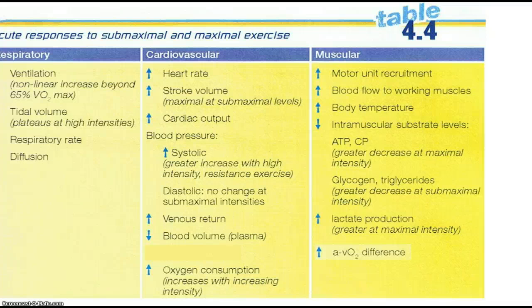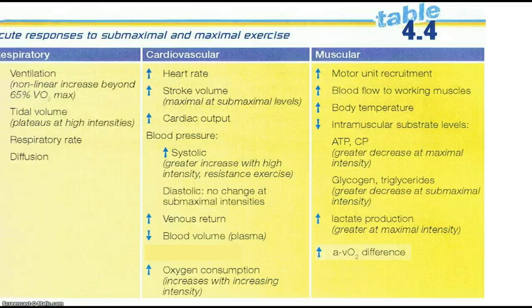This is another really good table that you'll be copying into your book, so we won't go over everything in there, but a really valuable revision tool. If you can remember probably 3 to 4 acute responses for each body system and explain how they aid or improve your ability to perform, then you'll be on the right track. So pick some there and make sure you can explain them.